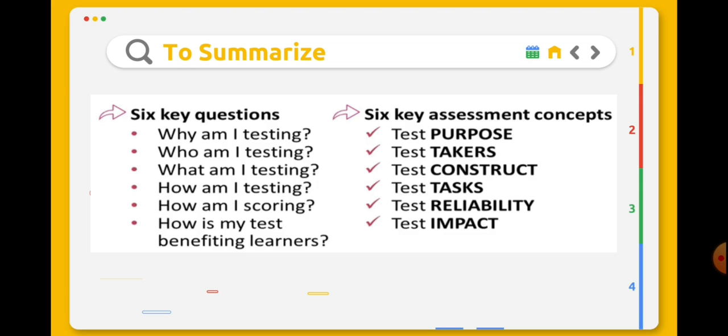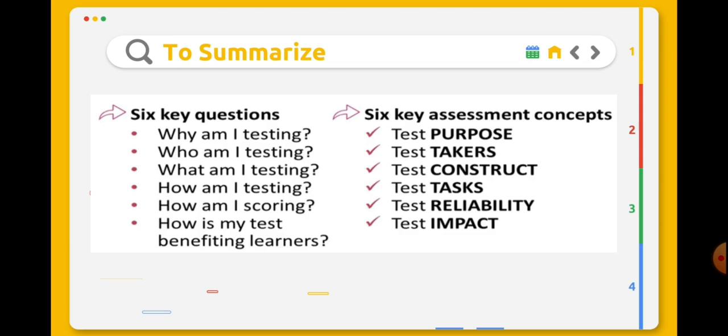To check your understanding, I'll give you some practices. I give you an assessment situation and you must decide which concept it refers to. The first situation: when we use a diagnostic test, which concept does it refer to?